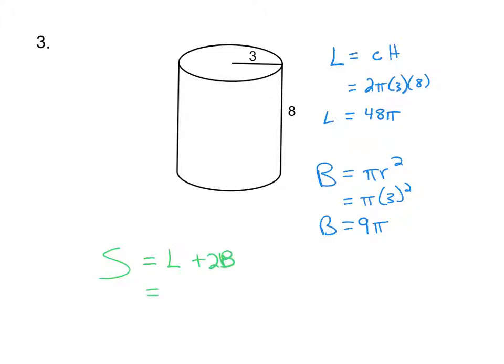So in our case, that's going to turn into 48 pi plus 9 pi multiplied times 2. So I get 48 pi plus 18 pi, which gives me 66 pi square units.